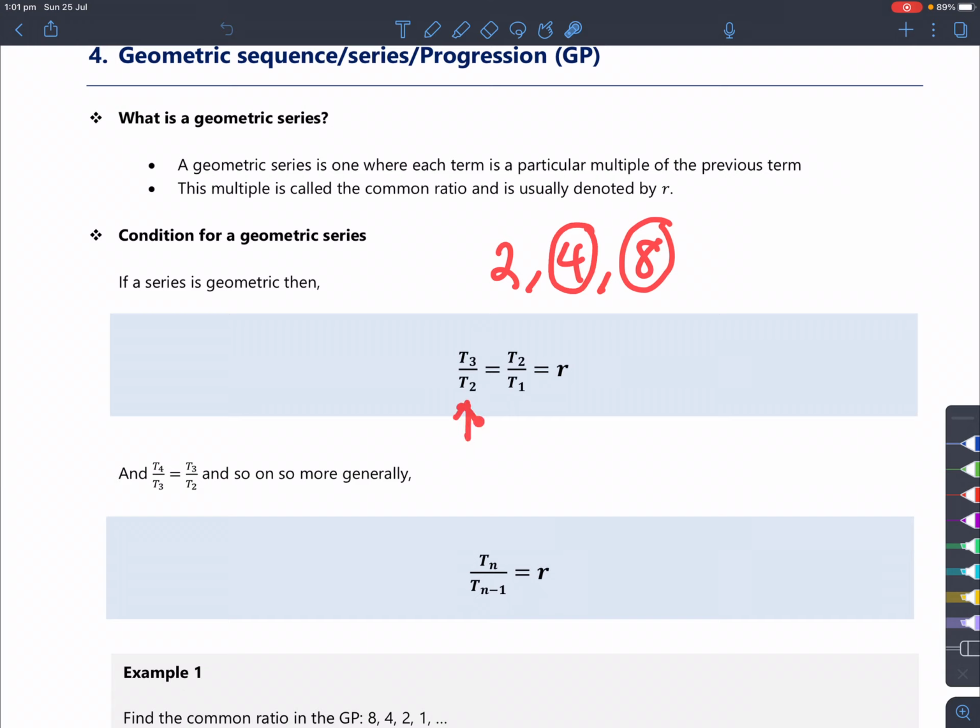But if you also do term 2, which is 4, over term 1, which is 2, that's also 2. Okay, so the ratio is going to be 2. So generally speaking, the ratio is the term divided by its previous term on the left.